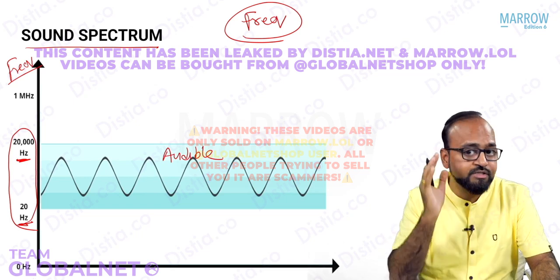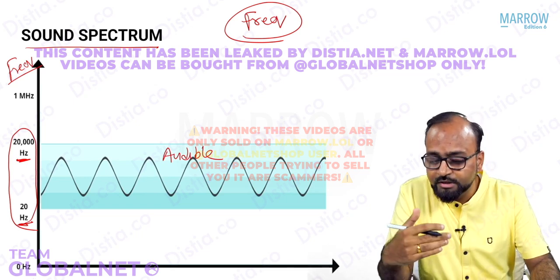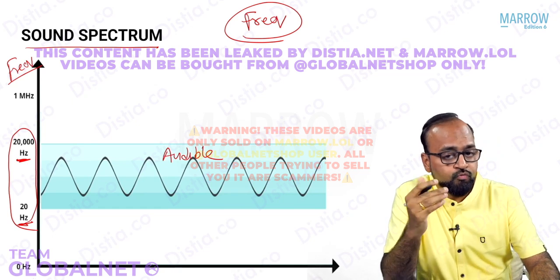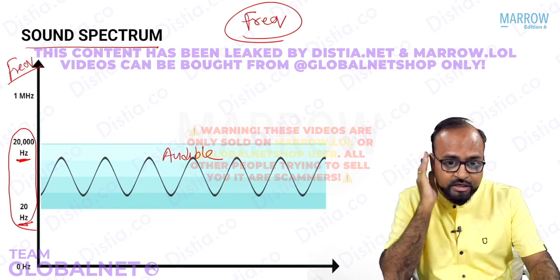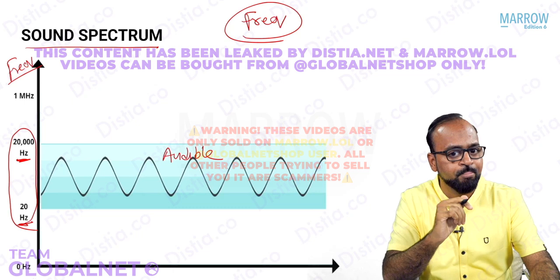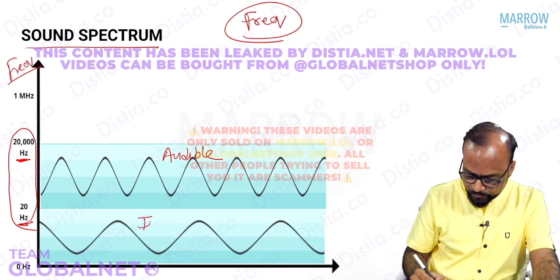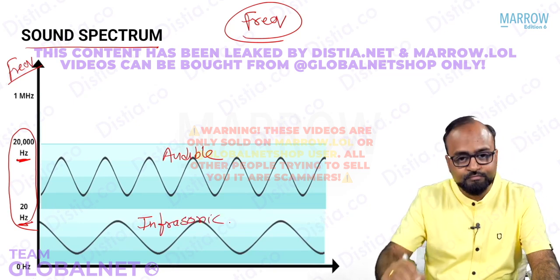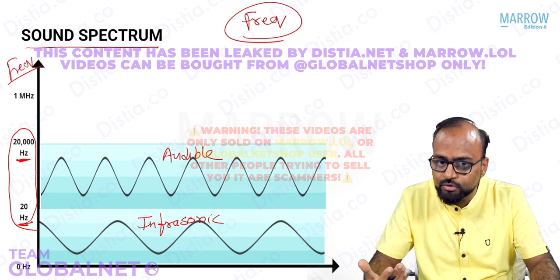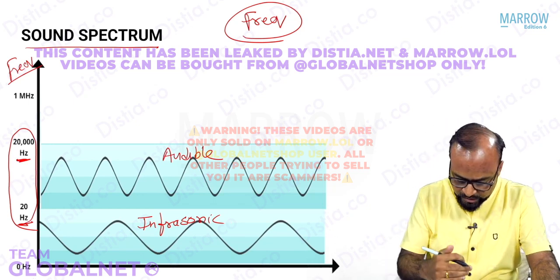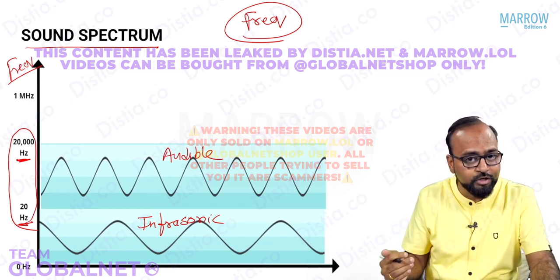This is something that we can listen to. We can't listen to something that is below it or above it. So this is the sonic range or audible range. What lies below it is called infrasonic. Less than 20 Hertz is infrasonic. 20 Hertz to 20,000 Hertz is the audible range of sound or sonic range.